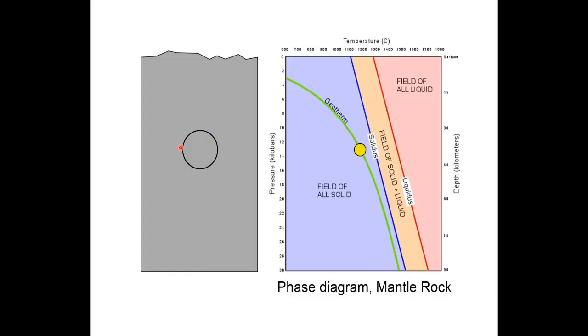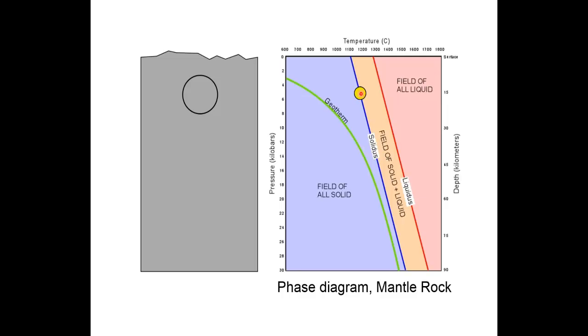We have a large blob of rock within the asthenosphere that for some reason begins to ascend relatively rapidly. As it ascends, it can't lose heat by conduction fast enough to equilibrate itself with the surrounding cooler rock. In fact, its temperature remains essentially constant, its pressure decreases, and therefore its position on the pressure-temperature diagram simply rises vertically.